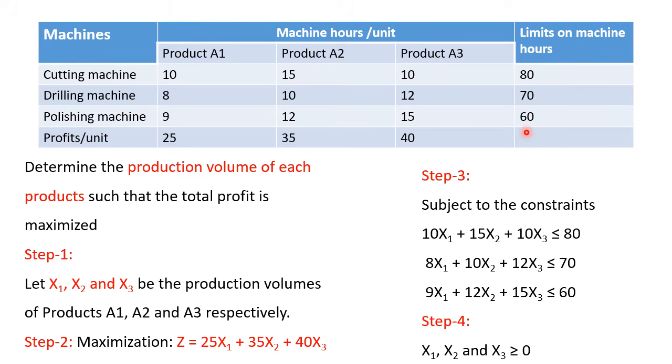All the products use up a time of the cutting machine not more than 80, because the maximum available time for the cutting machine is 80. And the same is true for the remaining constraints.